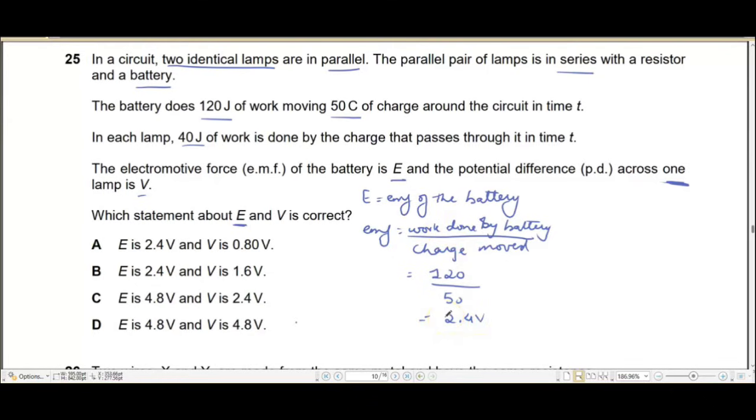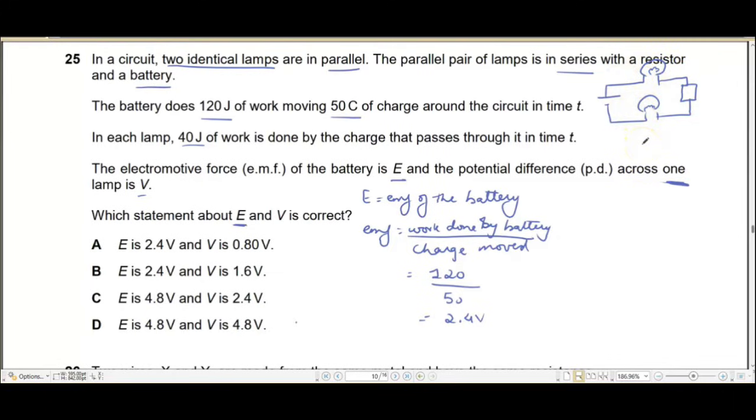In order to understand the PD across one lamp, which is V, we must draw the circuit. Okay? So there is a battery and here is a lamp. There is another lamp which is parallel and identical to the first one, and there is a battery and a resistor in series with these two lamps.